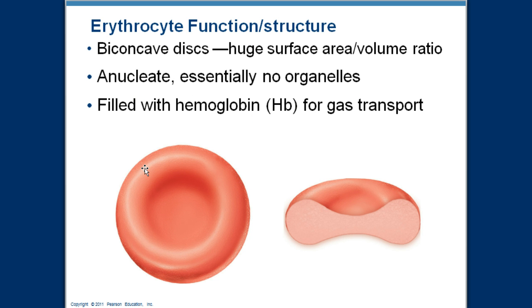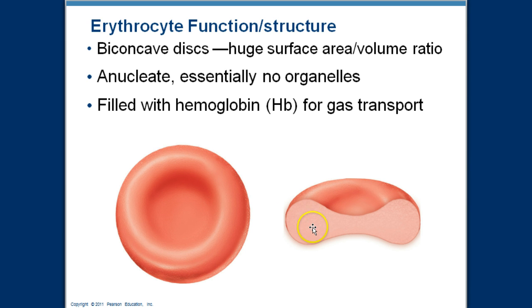All right, so erythrocytes. These are your red blood cells. The shape is biconcave, which just means it's concave on top and concave on the bottom. This gives them a very large surface area to volume ratio, so that an oxygen inside a red blood cell doesn't have to travel far to get out, and an oxygen outside of your red blood cell in the lungs doesn't have to travel very far to get in.